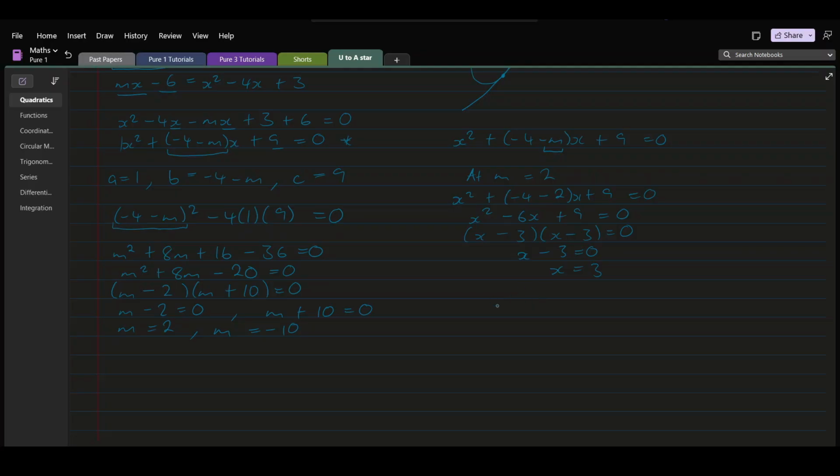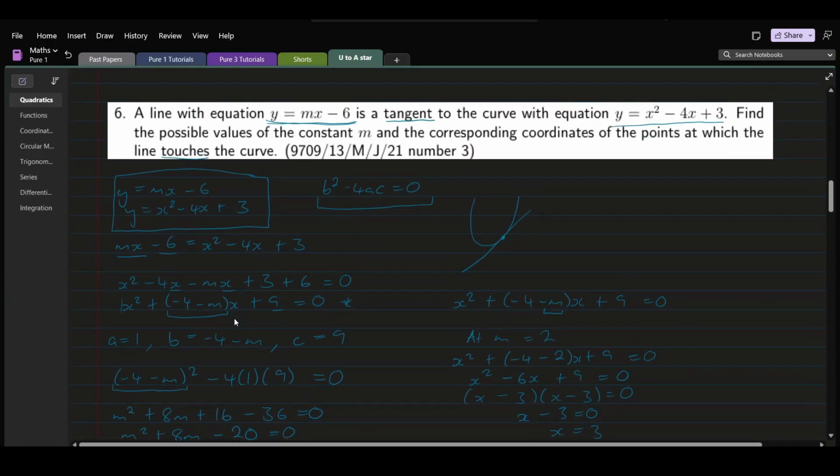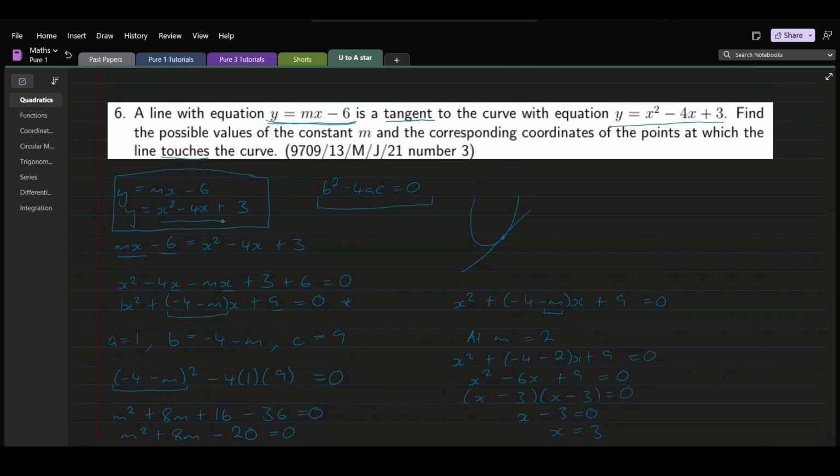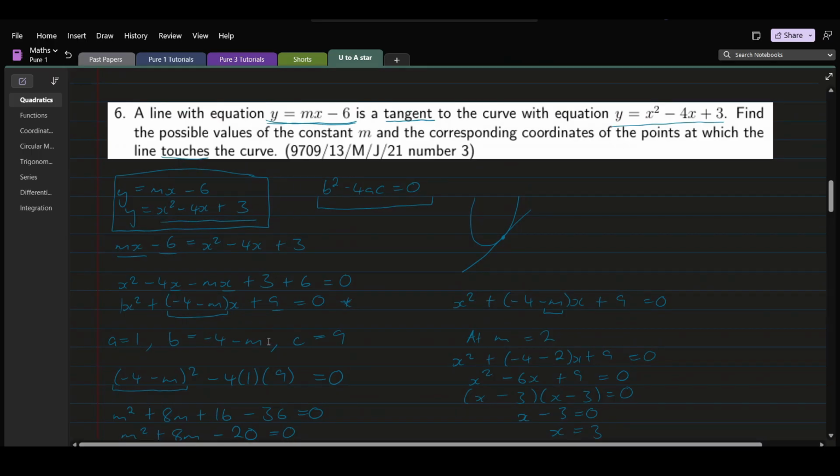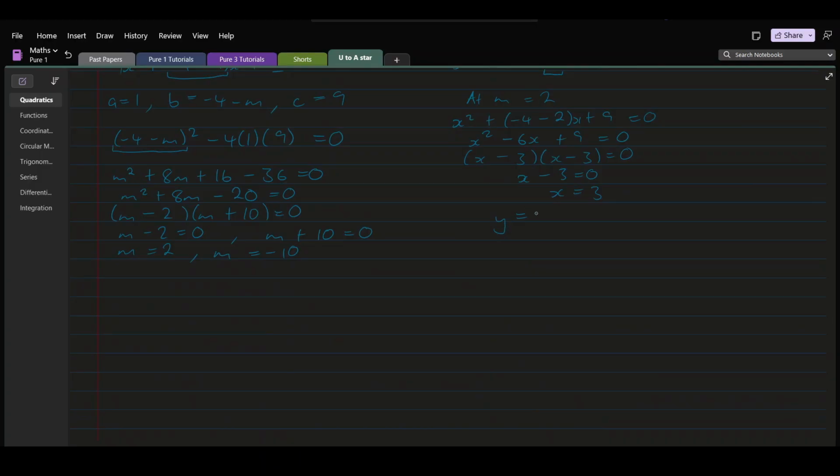And we can also go on to evaluate the y coordinate at x equals 3. So that will be y is equal to, let's use the equation of the curve that we have here, x squared minus 4x plus 3. So y is x squared minus 4x plus 3.